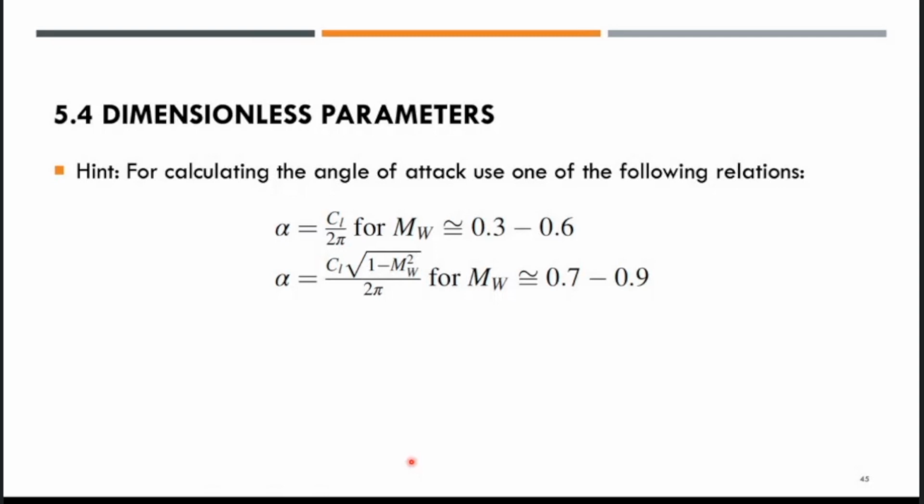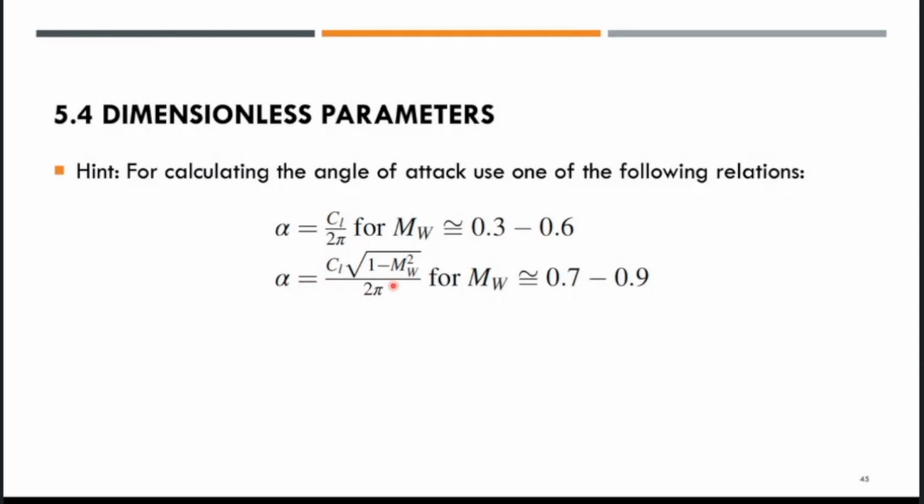As a hint, for calculating the angle of attack, we can use one of the following relations. The angle of attack alpha equals CL over 2 pi for Mach number at the tip between 0.3 and 0.6.